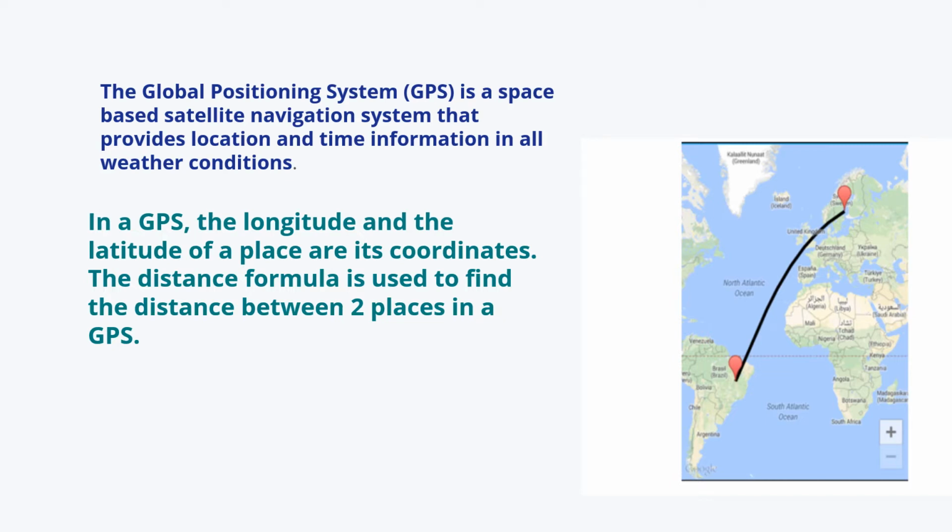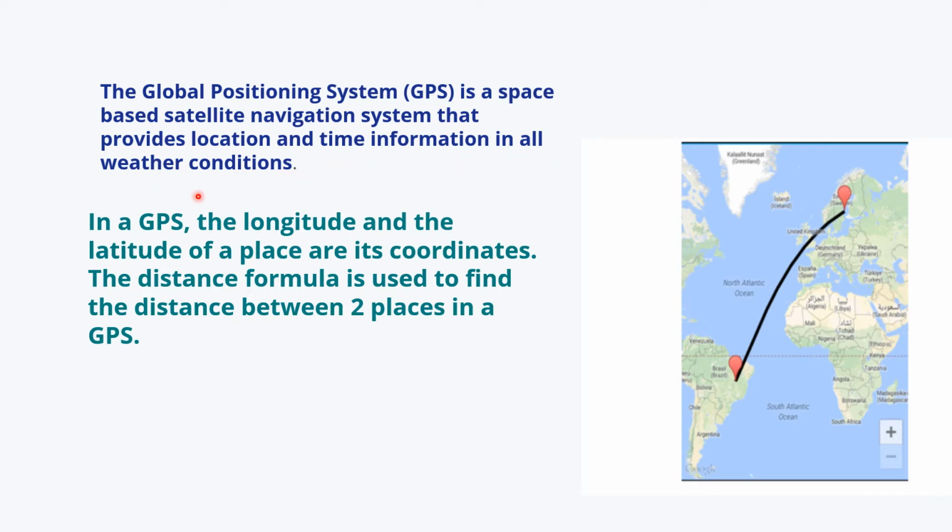See here the most famous, very popular GPS system, which is called the Global Positioning System. The full form of GPS is Global Positioning System, so you can even get the knowledge of its full form. It is a space-based satellite navigation system that provides location and time information in all weather conditions.